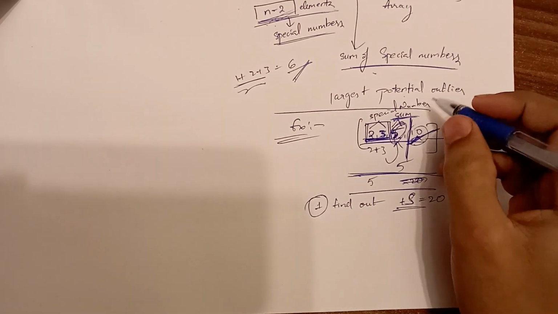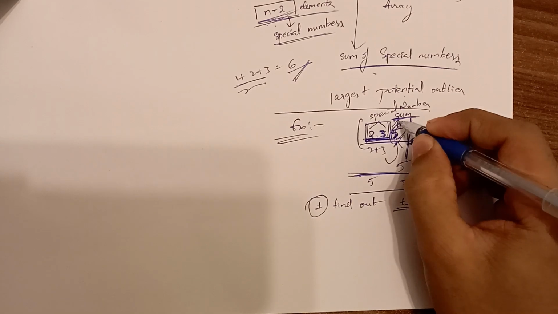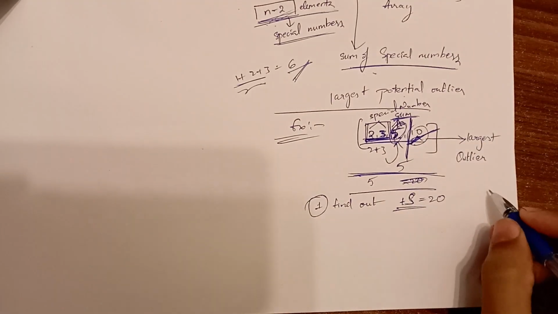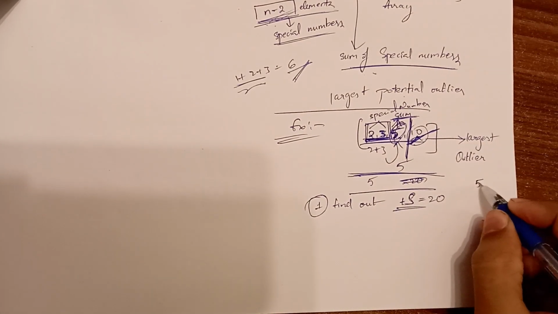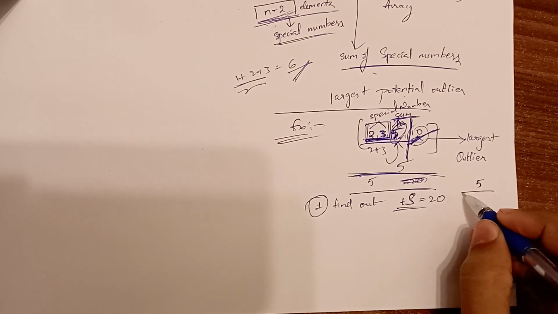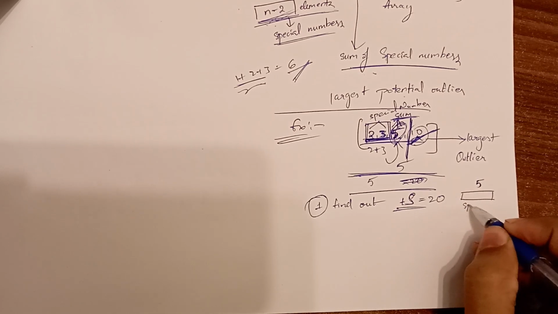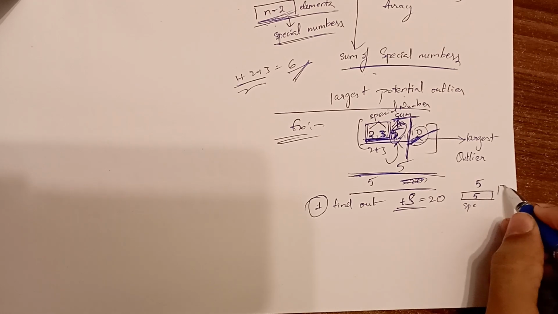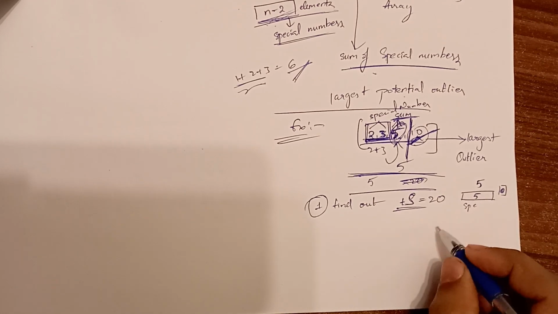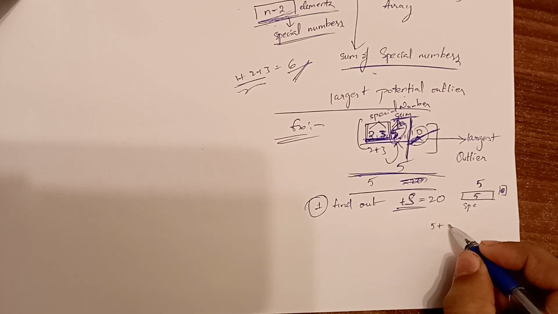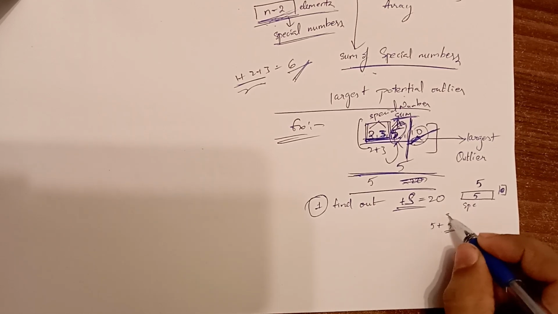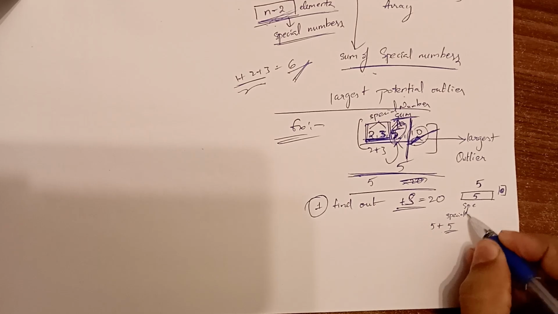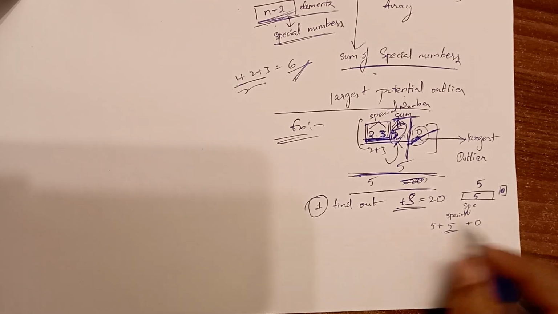So let us get to this intuition. Imagine we are at 5. Now, the remaining special elements will have 5 as the sum, and there is an outlier. So 5 plus 5 again, these will be the special numbers, and then the outlier.